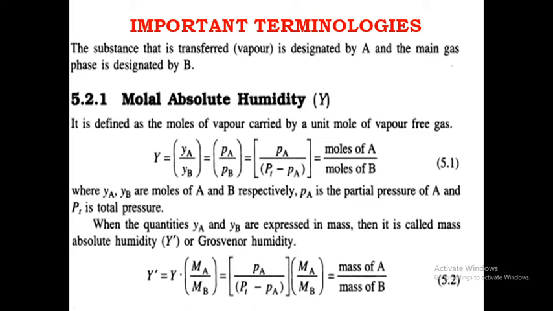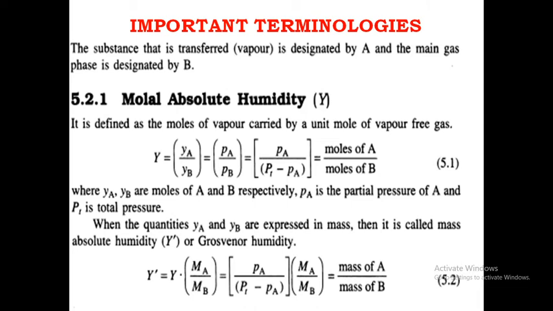So this is the final expression for molar absolute humidity in terms of moles and in terms of pressure: capital Y is equal to Ya by Yb, is equal to Pa by Pb, is equal to Pa by Pt minus Pa. The unit of molar absolute humidity is moles of A divided by moles of B. Here Ya and Yb are moles of A and B, Pa and Pb are the partial pressures of A and B, and Pt is the total pressure.